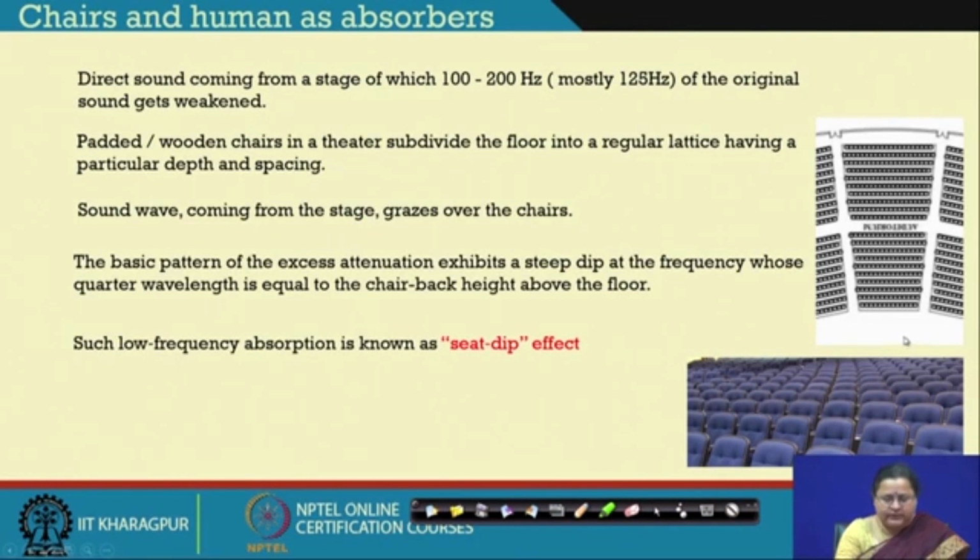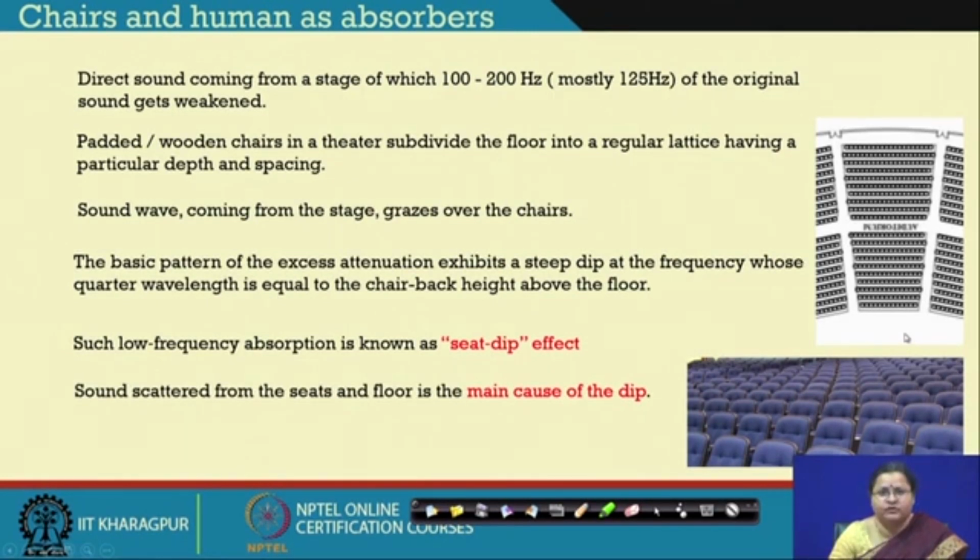Such low frequency absorption is known as the seat dip effect, and sound scattered from the seats and floors is the main cause of that dip. The sound cannot graze freely; it hits the chair surface, some grazes very lightly, and particular wavelengths get stuck, creating the seat dip effect at low frequency, that is long wavelengths whose quarter, around 2 feet, gets stuck.